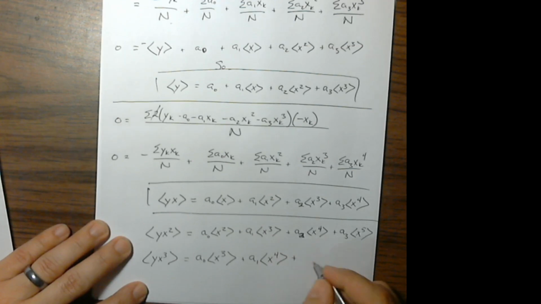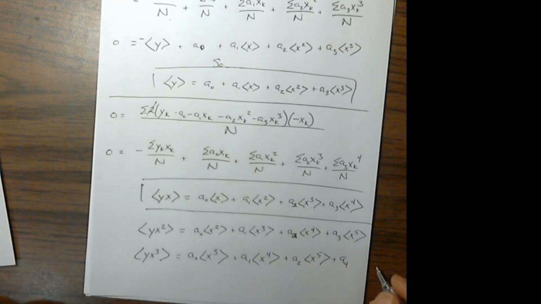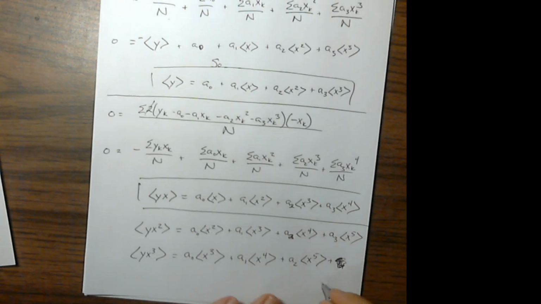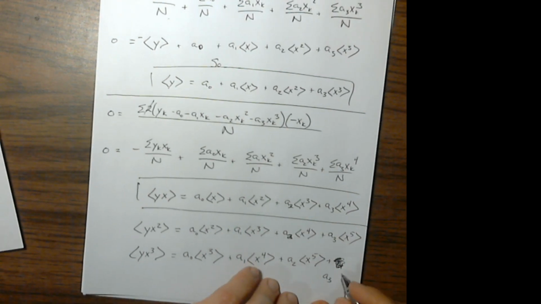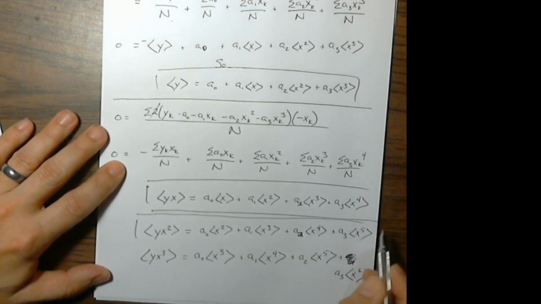All of the powers on x just get promoted by 1 every time. Good grief. I'm really struggling with my subscripts. My brain is on exponents, I guess. There we go. And there we go. We've got a system of equations.